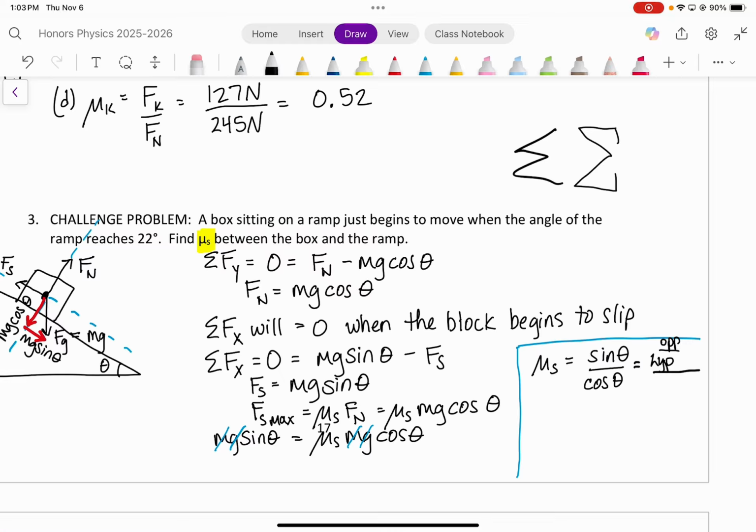Adjacent over hypotenuse. Do they cancel out? Guess what? My hypotenuses cancel out. So what I'm left with is mu s equals opposite over adjacent. And what trig function is that? Tangent. So mu s is going to equal the tangent of the angle theta.